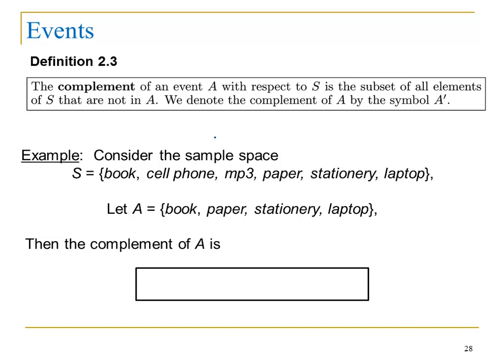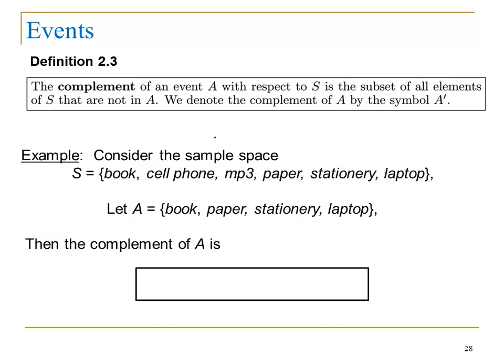We denote the complement of A using this symbol, A prime. So A will be the event, A prime will be the complement of the event. If we consider this example, here we have a sample space with some items listed: book, cell phone, MP3, papers, stationery, and laptop.